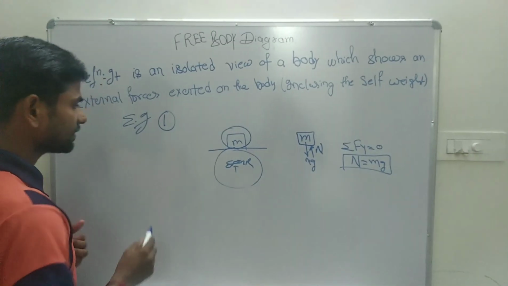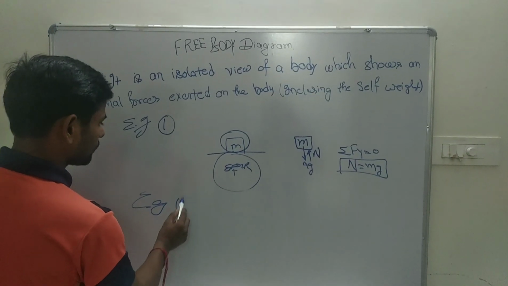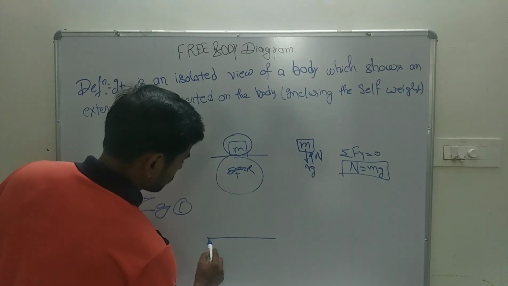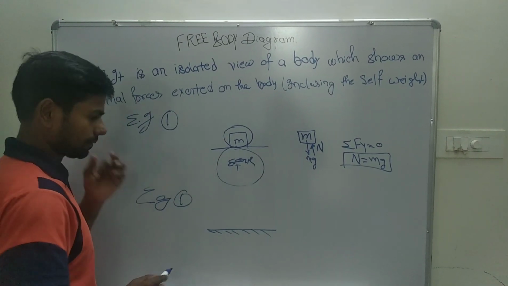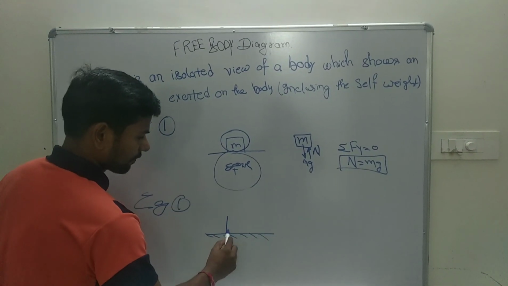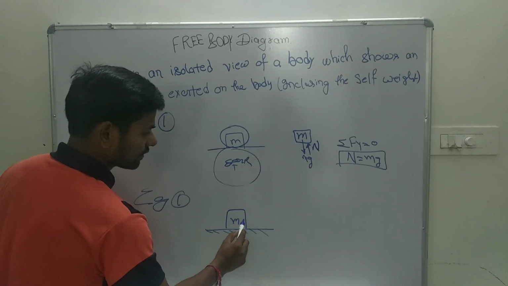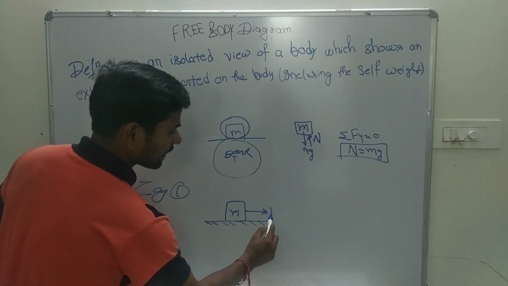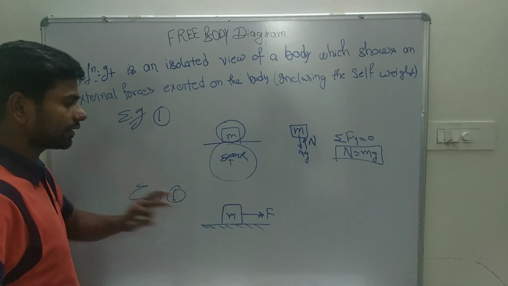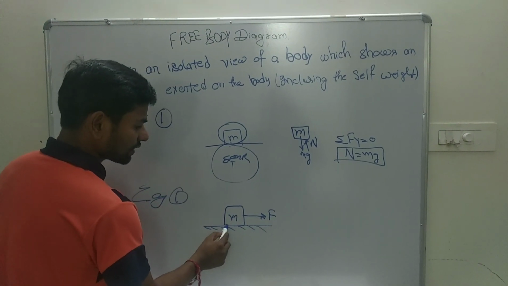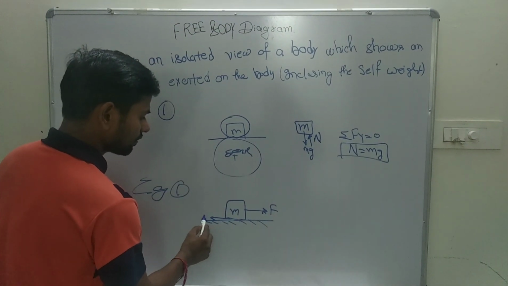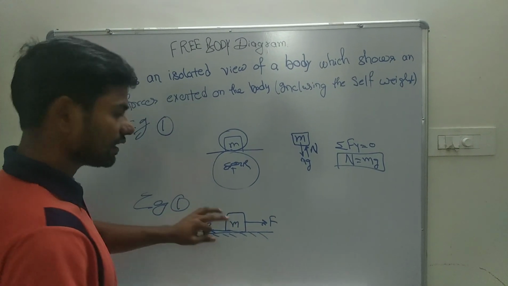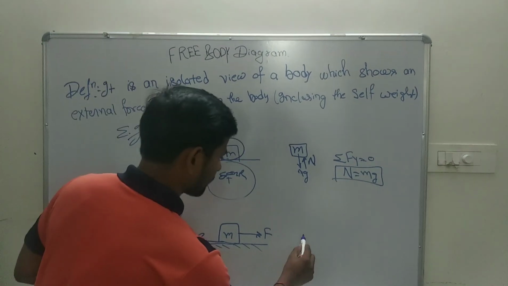I will take another example. Suppose this is a table and there is a mass, and a force F is exerted on this body. Due to friction, a frictional force acts on the back side. Then I will draw a free body diagram.